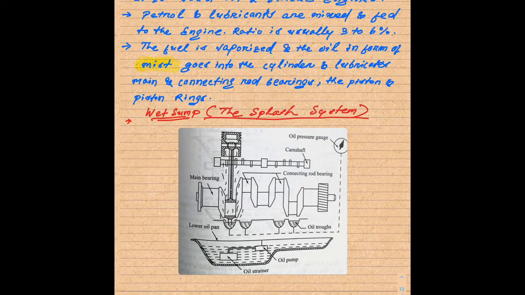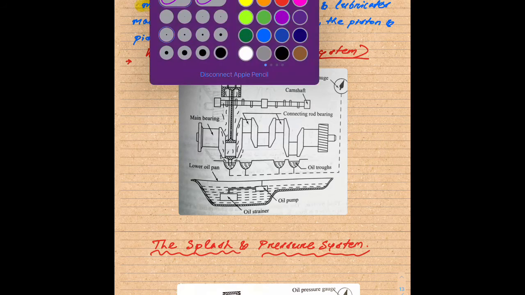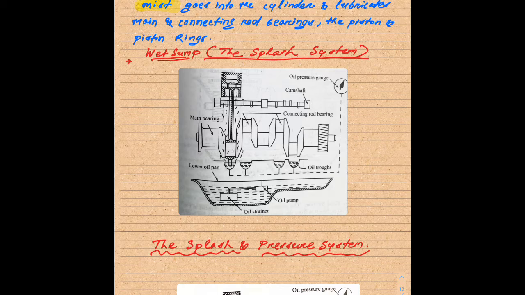Then we are going to see the wet sump system. Here it has been divided into three kinds. So the first kind is the splash system. As you can see in the figure, the figure shows a lobe that is protruding from the connecting rod, and it is dipped in an oil pan.